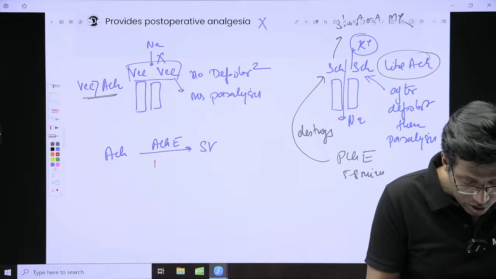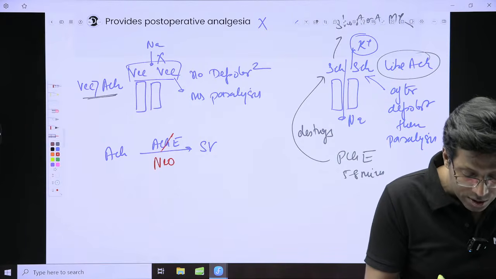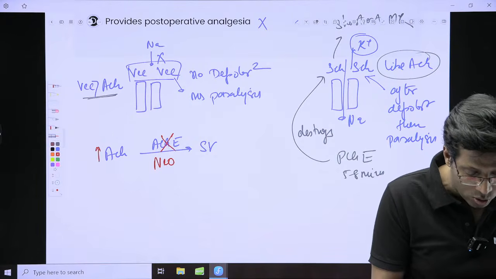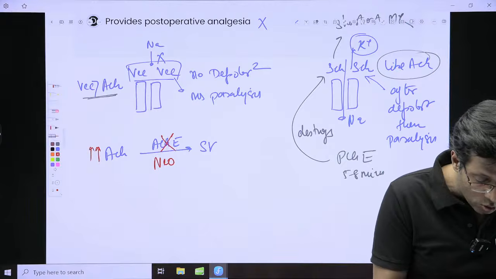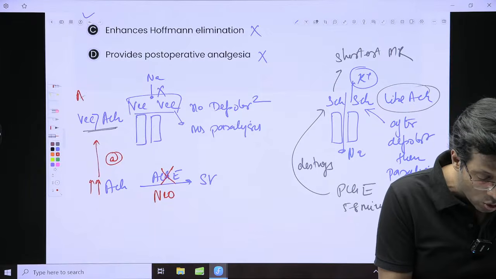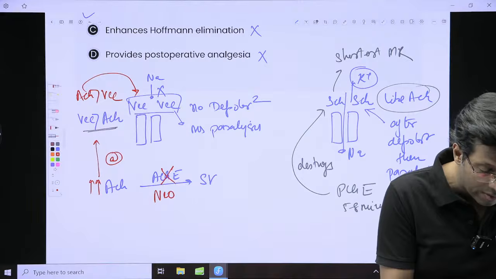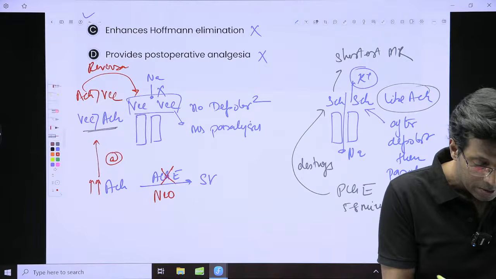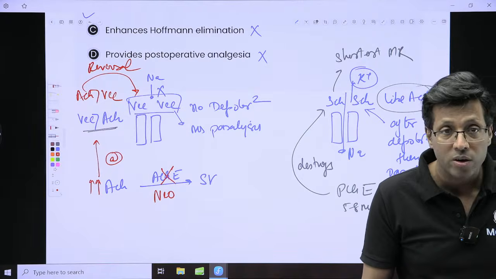If I give neostigmine to a patient, it blocks acetylcholinesterase and increases acetylcholine. The increase of acetylcholine at the nicotinic receptor makes acetylcholine more than vecuronium, and this can sit at the receptor now. This is called reversal, because acetylcholine has become more than vecuronium.